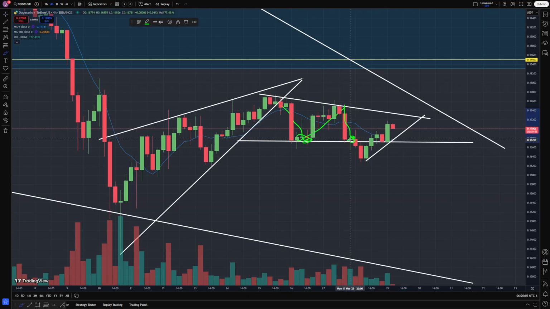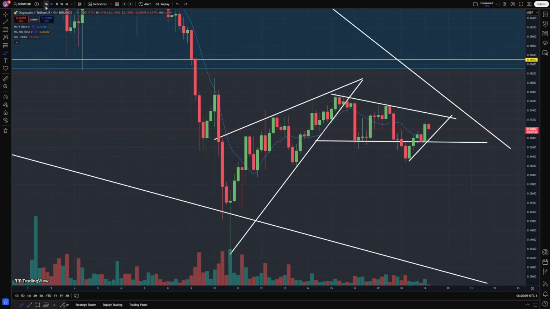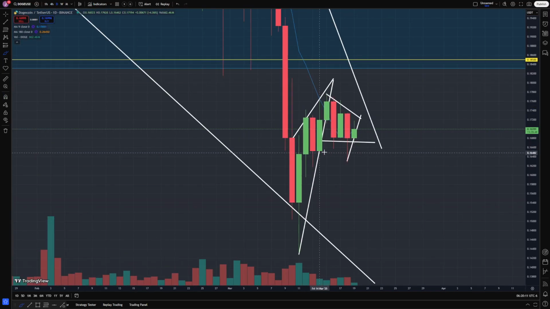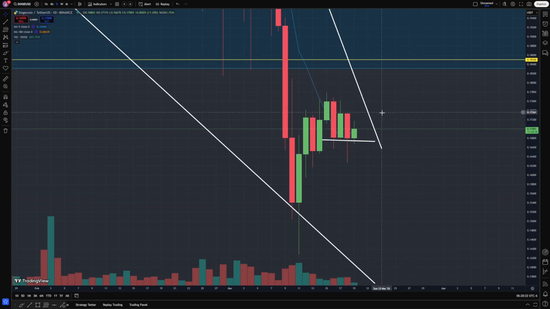We got a little bit of support, but then we broke it. But when I wanted to show you what I was looking at is the daily time frame, and when we look at it like this, we're kind of still holding support on that bottom right there. Let's go ahead and delete this one. Let's go ahead and delete this one. Delete, something like that. Okay, so we're still holding support on that line right there on the daily time frame.